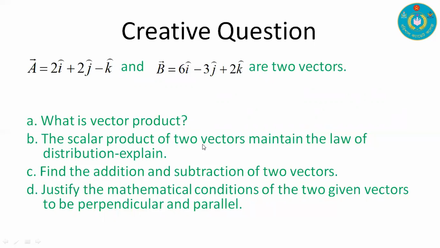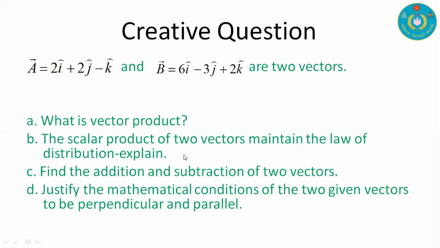The scalar product of two vectors maintains the law of distribution. Previously we have seen that u dot v is equal to v dot u is the example of the commutative law, and the distributive law, a into u dot v is equal to au dot v, is the example of distribution law.